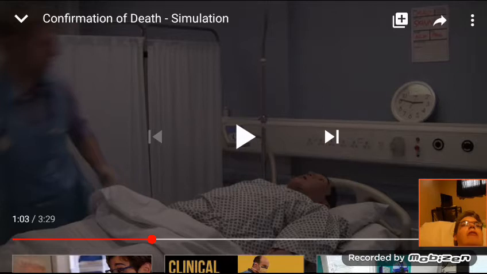We might think we're doing the patient named George Brack that died, but that patient is not really dead. The patient could be sleeping, so it's always the first thing we want to do.